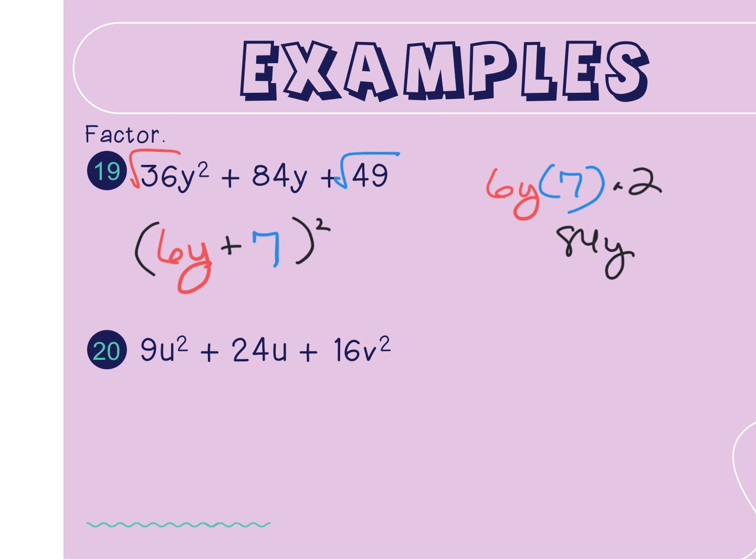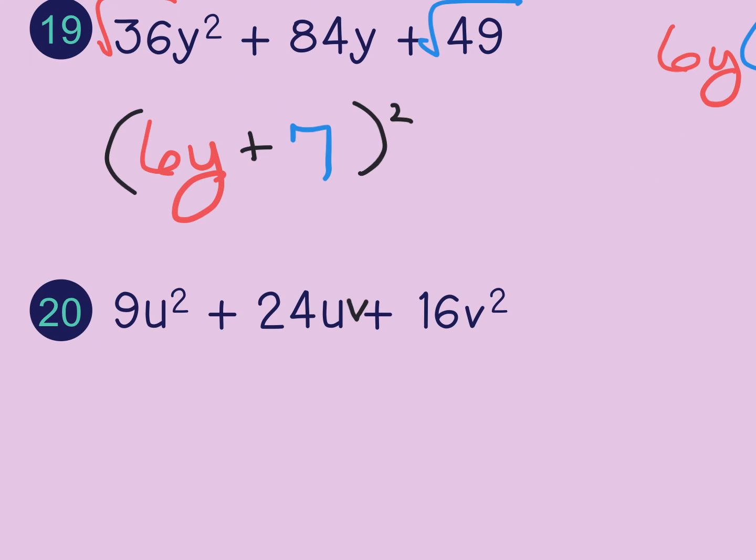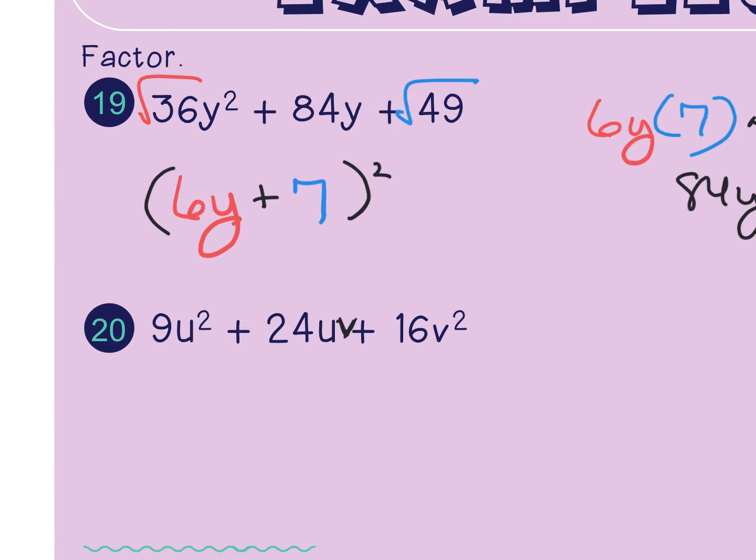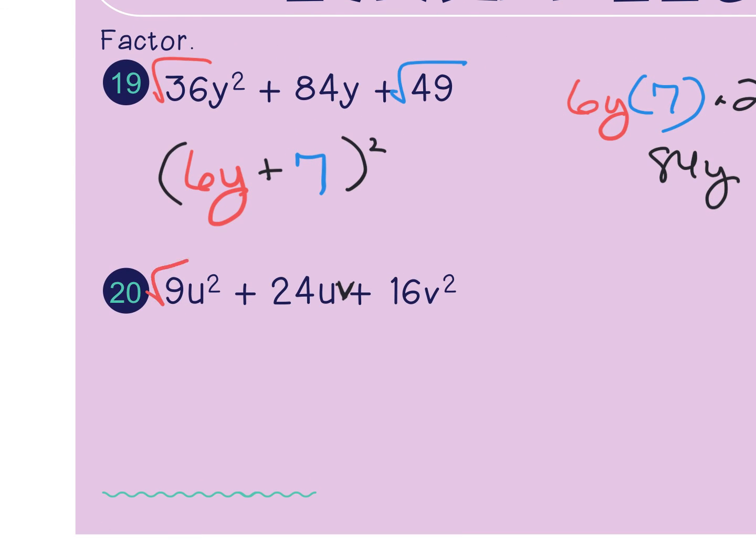Last one now, this is a little typo. Add a v here in the middle term. Make that a 24uv. All right, so let's try this one. Square root, square root. Square root of 9u squared is going to be 3u.